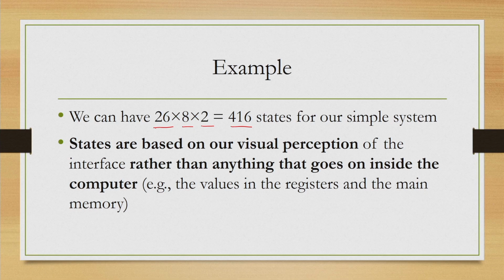Another thing you can note here is that these states that we have defined are defined in terms of our perception of the interface rather than how things are happening inside the system. So, whatever we get to see, we are defining that in terms of state variables and values. The 3 variables that we have defined for our state, namely the character, the font color and font size, are all perceivable.